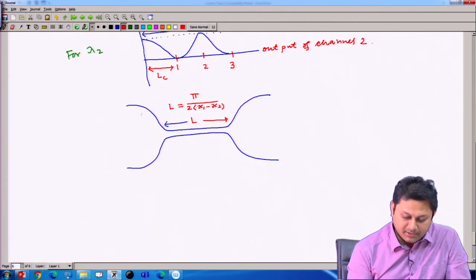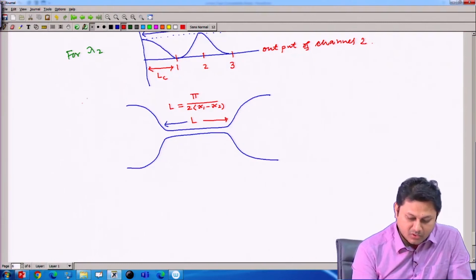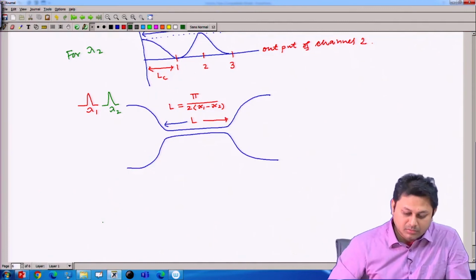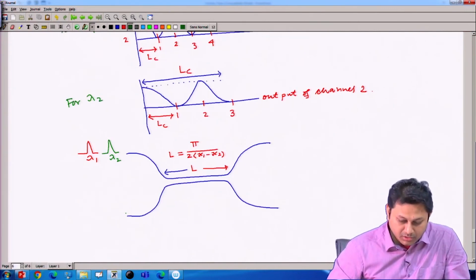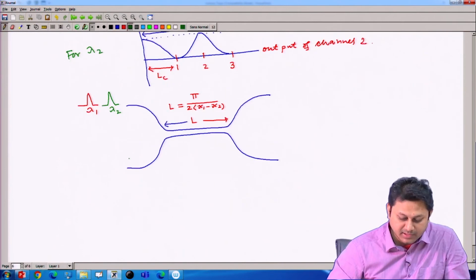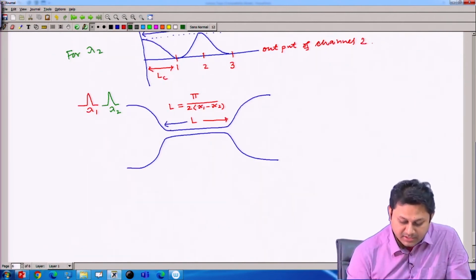And what happened? The two wavelengths are launched here. For lambda 1 we have these 4 coupling lengths that we are going to cover in this length. So, 4 times the energy will come.